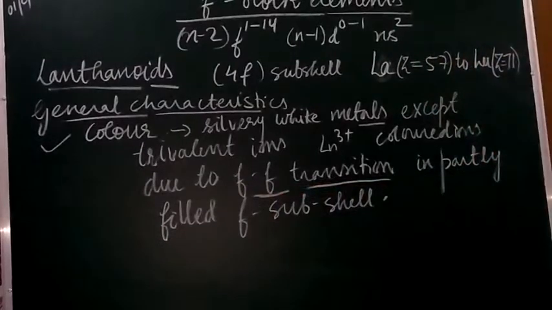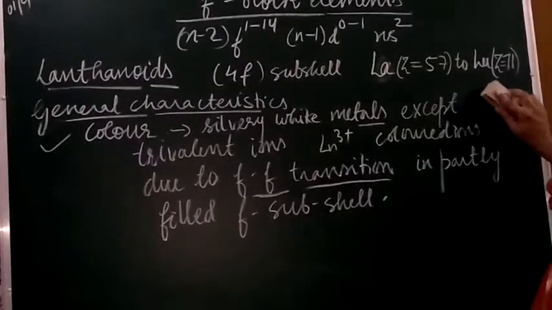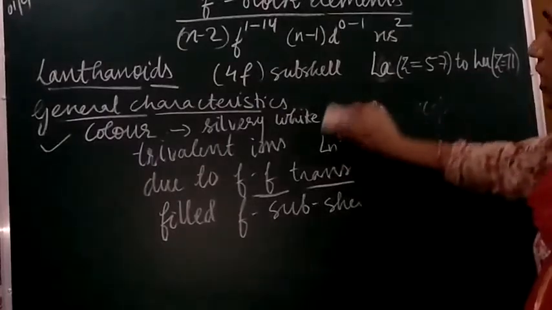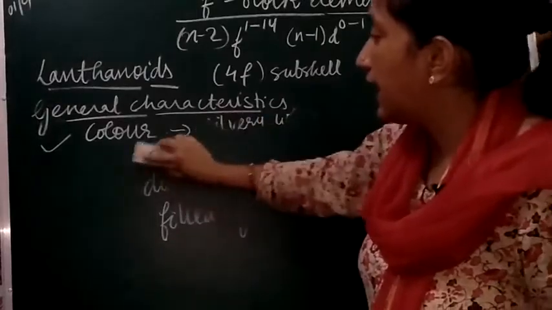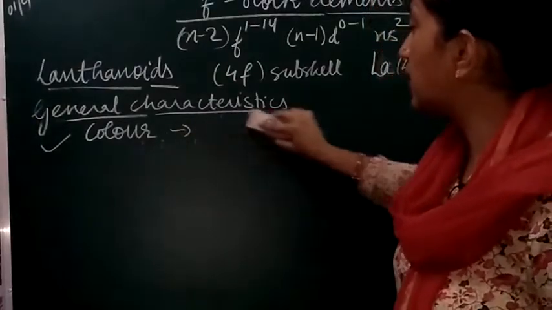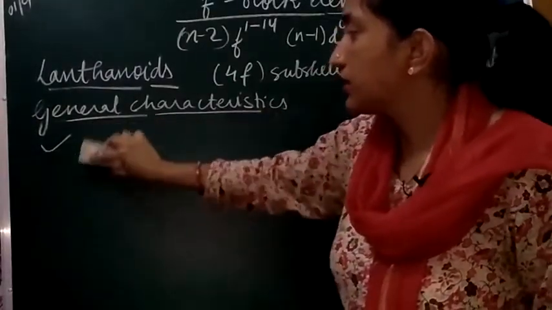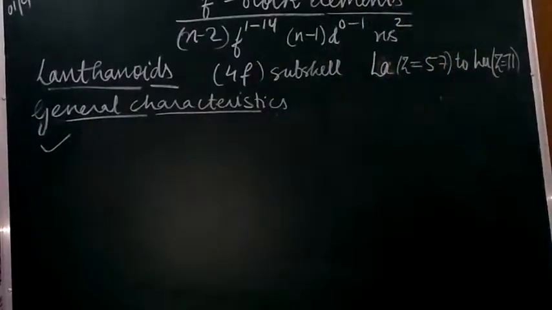The particular wavelength of light that is absorbed, its complementary color will be transmitted. Right, students? This is about the color of the lanthanoids. They are silvery white metals in general, but in their trivalent state they are going to be colored ions, and the color is because of the f-f transition which has been observed.